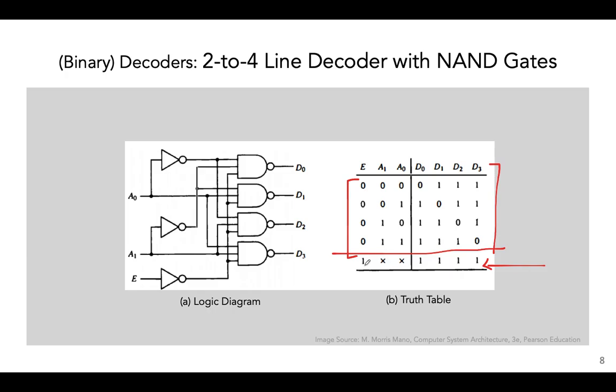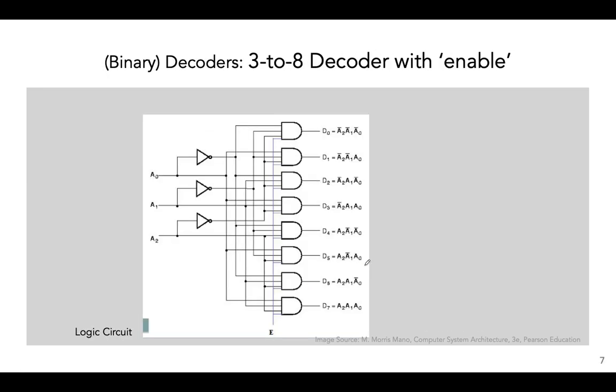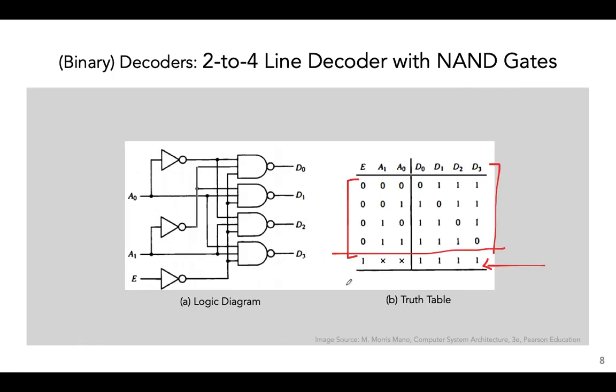Now I mentioned in the previous slide that your enable is basically like an on and off switch. The circuit only works when enable is 1. Like in this diagram I mentioned it. When E is equal to 1, your decoder will work. When E is equal to 0, the decoder will behave as if it's switched off. This is the same thing that's going on here. The only difference is we have an inverter here.